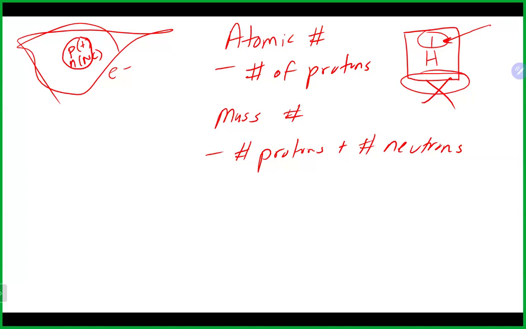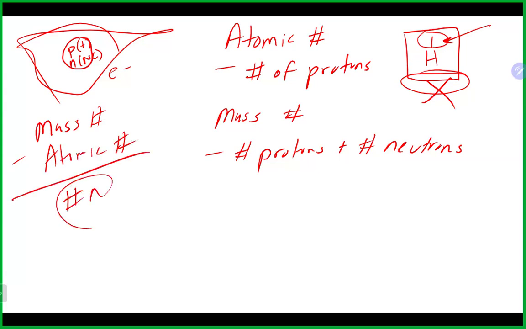The nice thing about that is if you know the mass number and you subtract the atomic number from it, that will give you your number of neutrons. So that is how you can figure out how many neutrons something has: take the mass number minus the atomic number, and that will get you your neutrons. Any questions on any of that stuff we talked about last time?